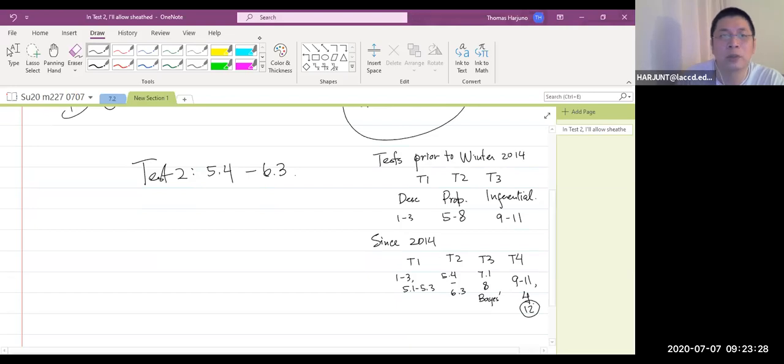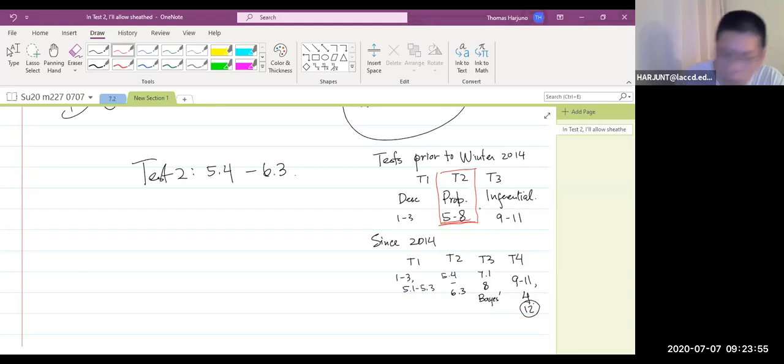So what happened was this. When I gave only 3 tests, test 2 was very hard, and a lot of people failed it. More than half of the class dropped because of test 2, and it's not because of me. It's quite a common situation where once it gets to probability, more students drop the class.